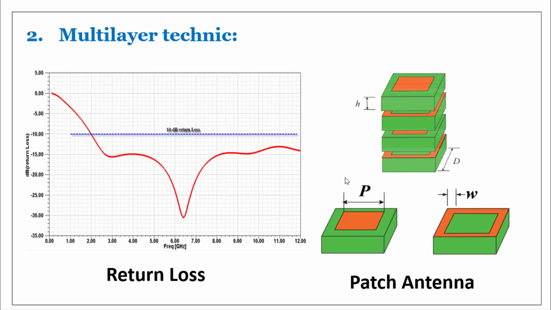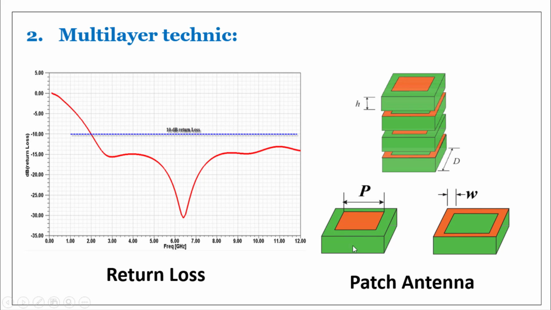Now the second technique used to find ultra wideband characteristic is the multilayer technique. In French we say antenne multicouche, multilayer technique. Here we have the principal antenna.